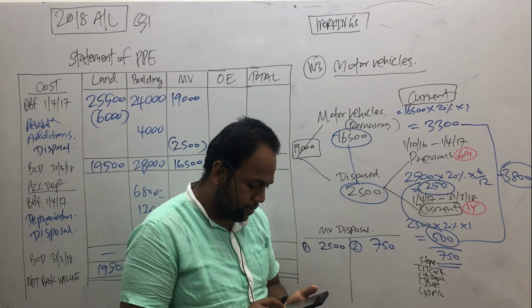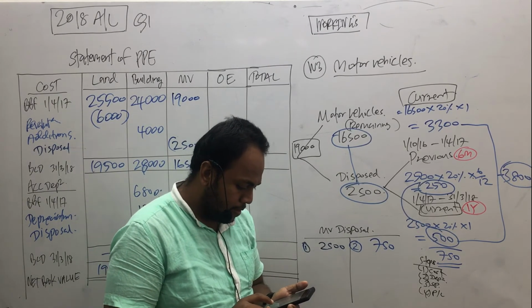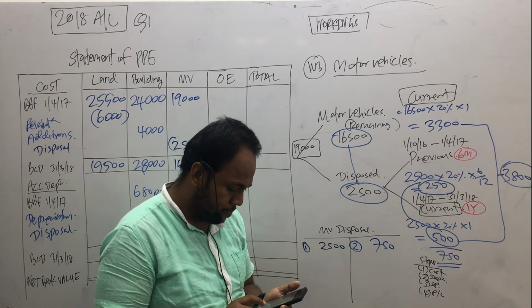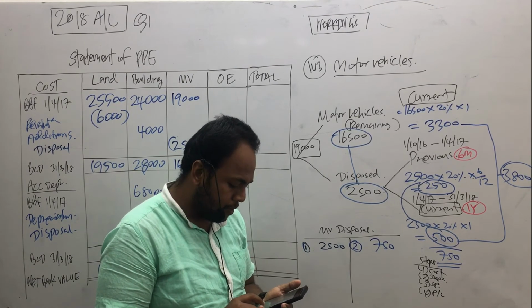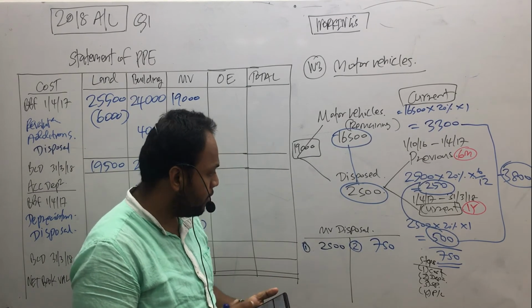Then the sales proceeds. So sales proceeds of the disposal, we have received 1,500.